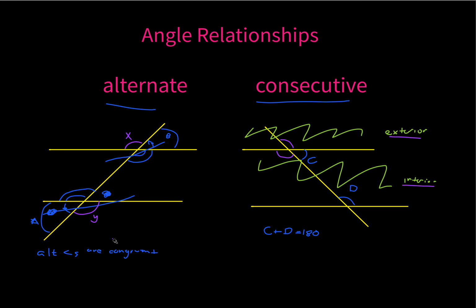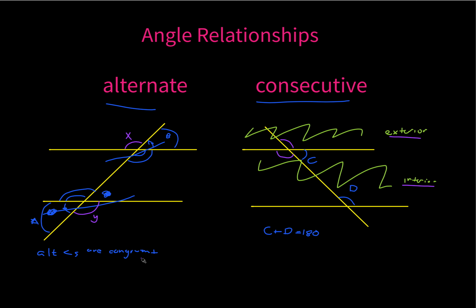They're on the exterior. Now, we're going to take another look to determine whether they are on the same side of the transversal or the opposite side. They are on the opposite side, making it a pair of alternate exterior angles. And as these angles are alternate, we are able to conclude that they are congruent.